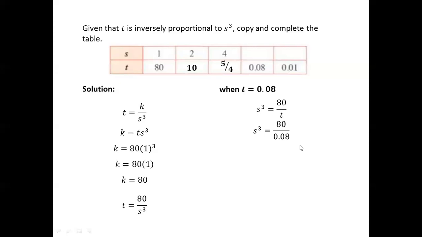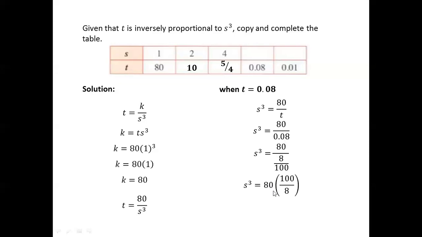But if you don't, you can actually opt to express this denominator in its fractional form, which is 8 over 100. Simplifying this complex fraction, we can do that by multiplying the numerator by the reciprocal of the denominator, which is 100 over 8.